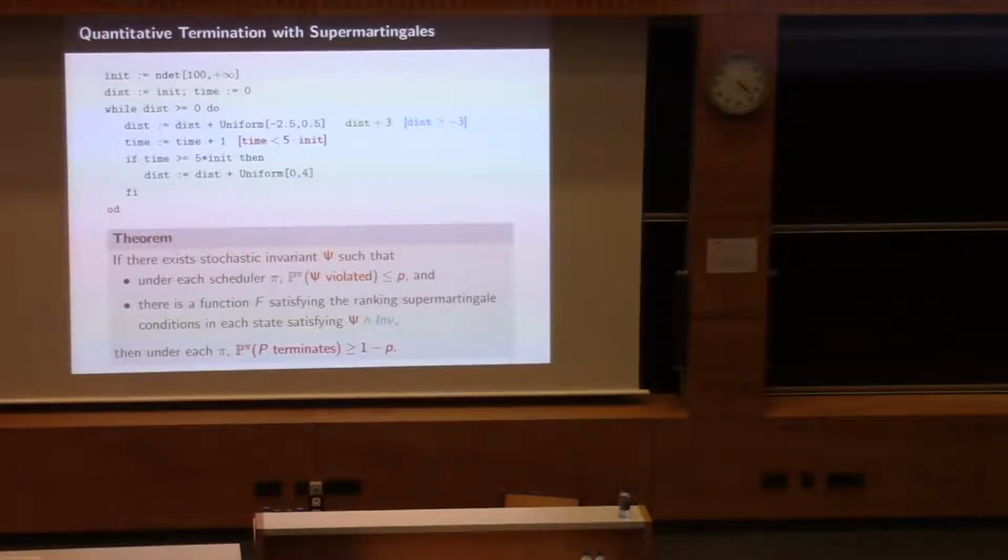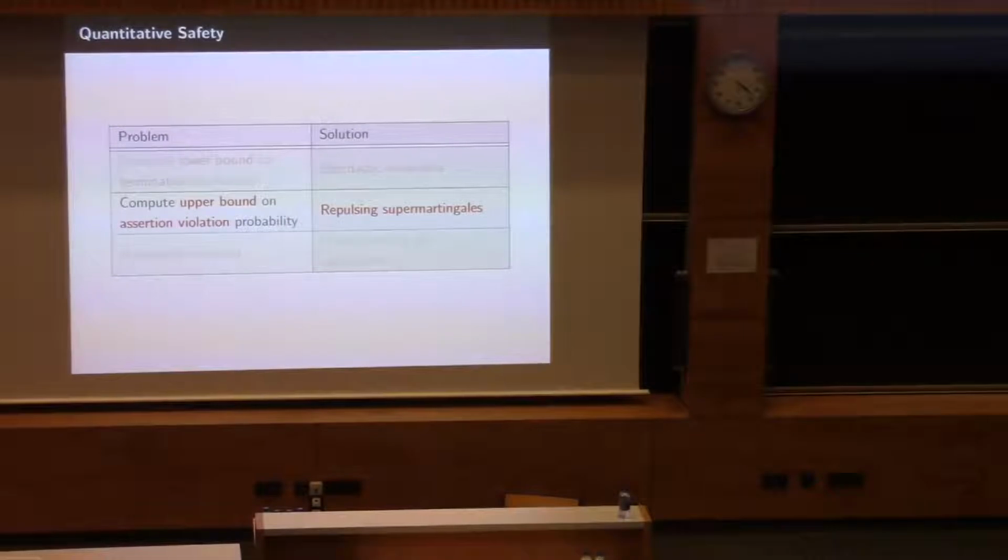So effectively this reduces quantitative termination to a sort of quantitative safety. We now need to bound the probability of violating this assertion. And this is an interesting problem in itself.